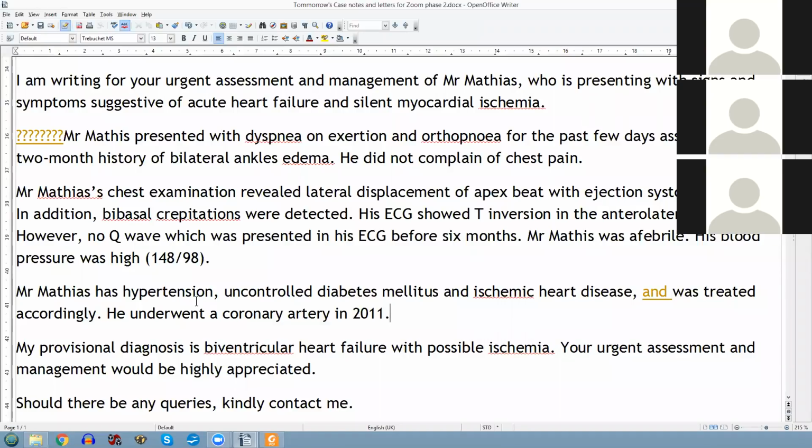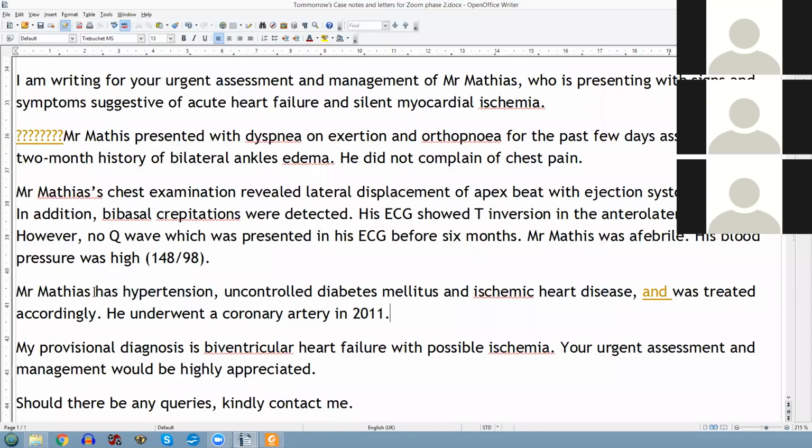I'm a bit confused here because we don't have any dates of when these events occurred, right? So there's no dates, so I don't know when this occurred. I don't know if the chest examination occurred at the same time. Was it later? It says he's got hypertension now, but then you go into the past.